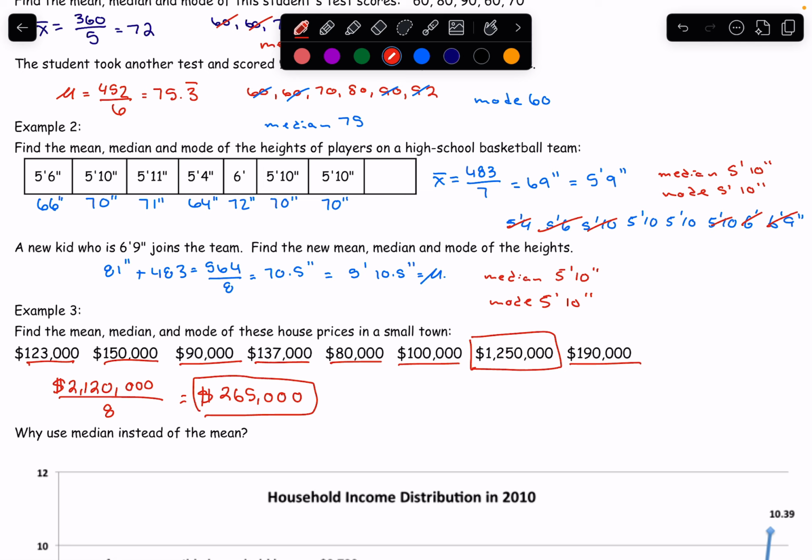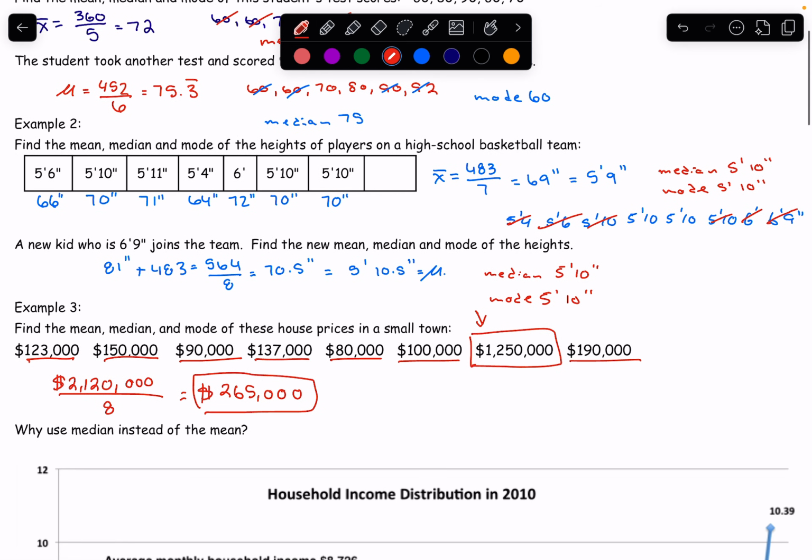That would be very misleading because there's only one of these houses that sold for that much, and it sold for way more. The rest of them sold for way less than $265,000. So that might mislead someone into making a decision based on the average that they wouldn't make if they knew the individual values of the houses being sold.